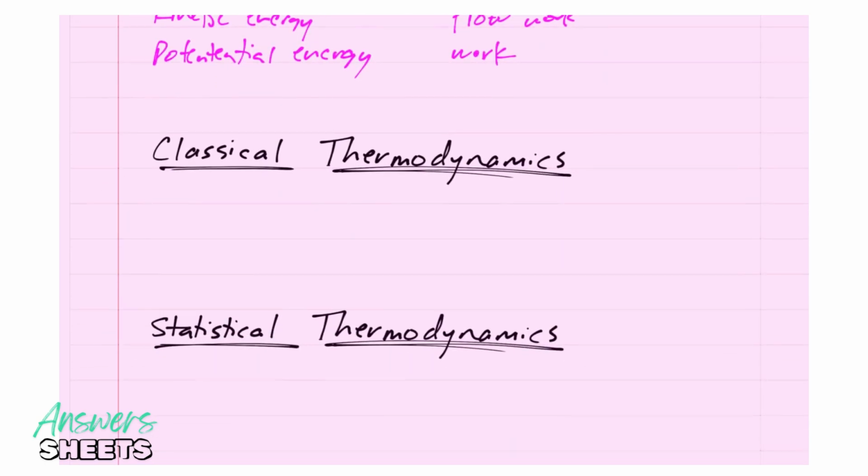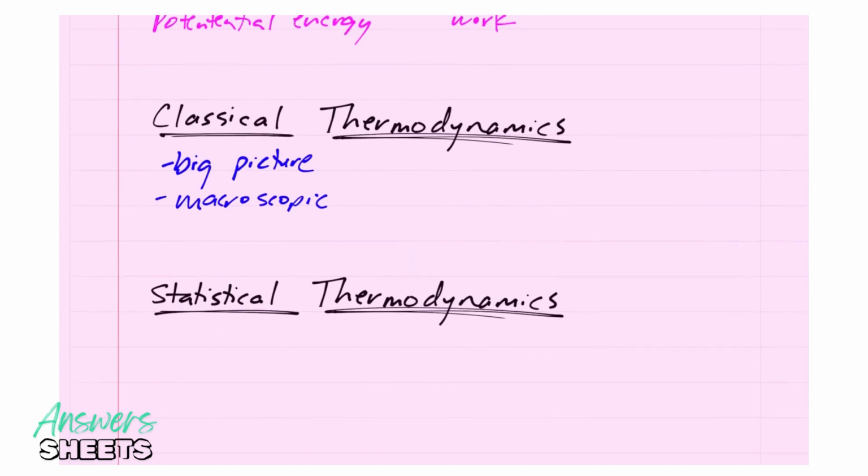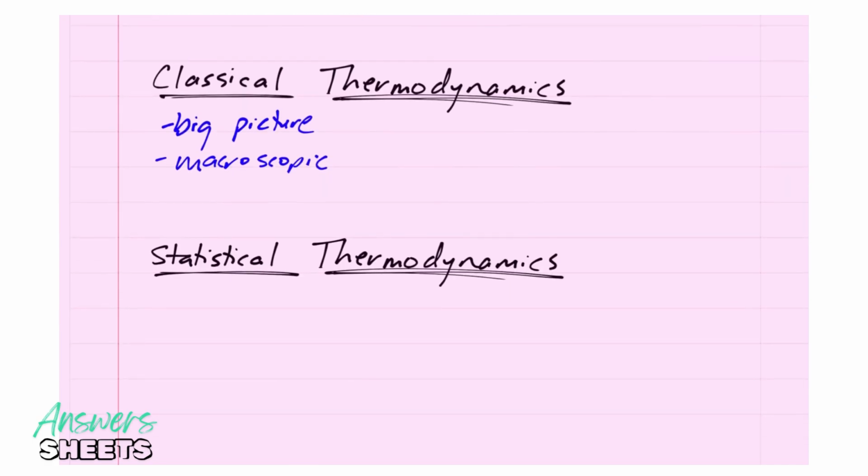There's classical and statistical. Classical is kind of the big picture, looking at the macroscopic level, the fluid as a whole, the control volume as a whole.